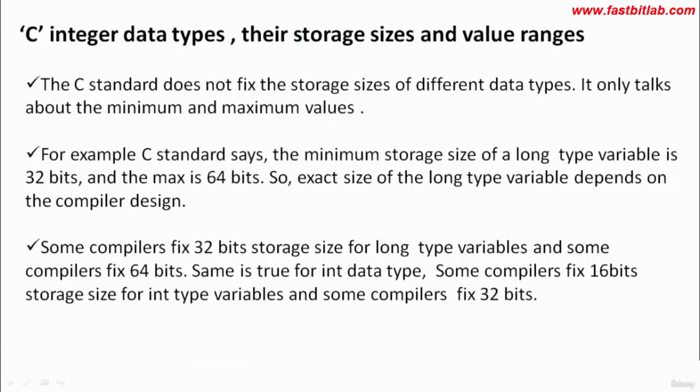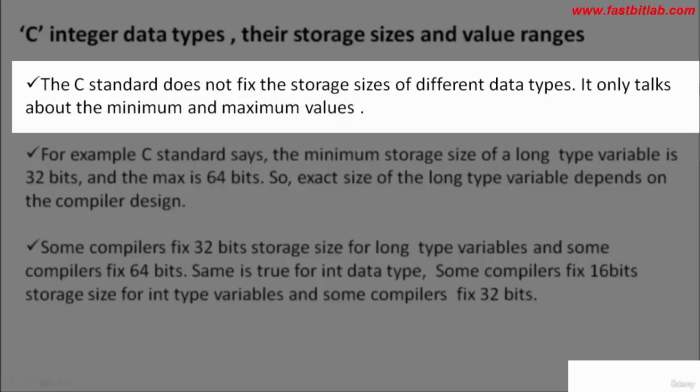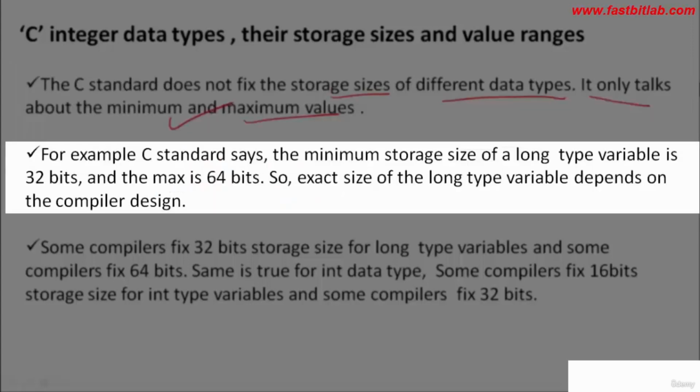There are some points I would like to mention. Remember that the C standard does not fix the storage sizes of different data types. It only talks about minimum and maximum values. For example, the C standard gives a minimum storage size for a long type variable of 32 bits, and it can be larger, such as 64 bits. So the exact size of a long variable depends on the compiler design.